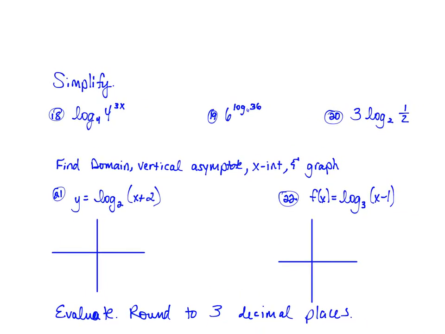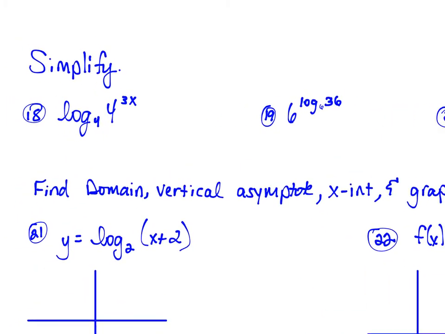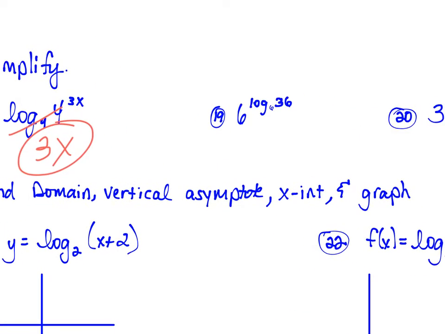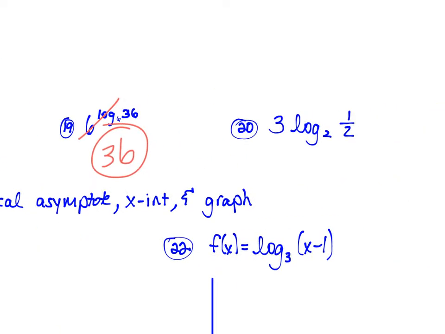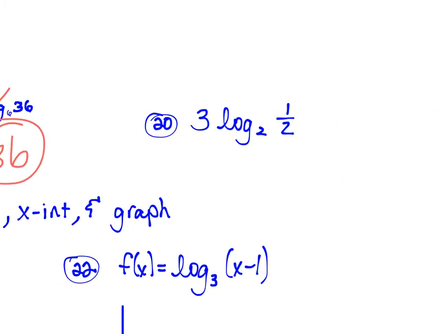Properties of logs and exponentials and all that good stuff. What happens here? Cross off what? The log 4. So my answer is 3x. What happens here? 6 log 6 becomes 36. Good. What happens here? Rewrite it so it's a little easier for you to look at. 2 to the what? 2 to the negative 1.